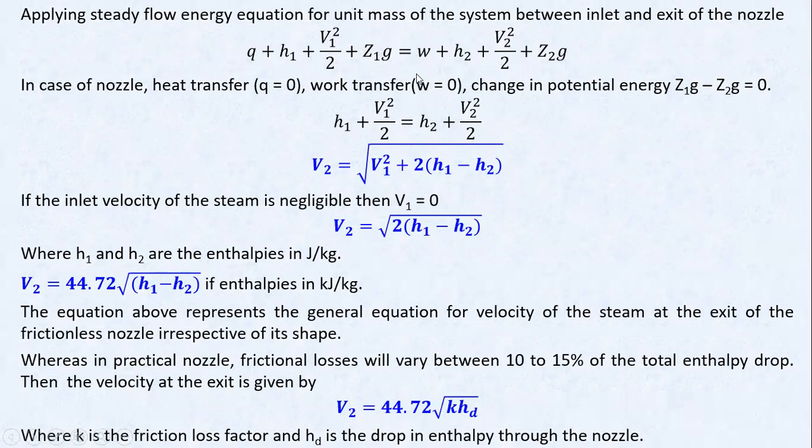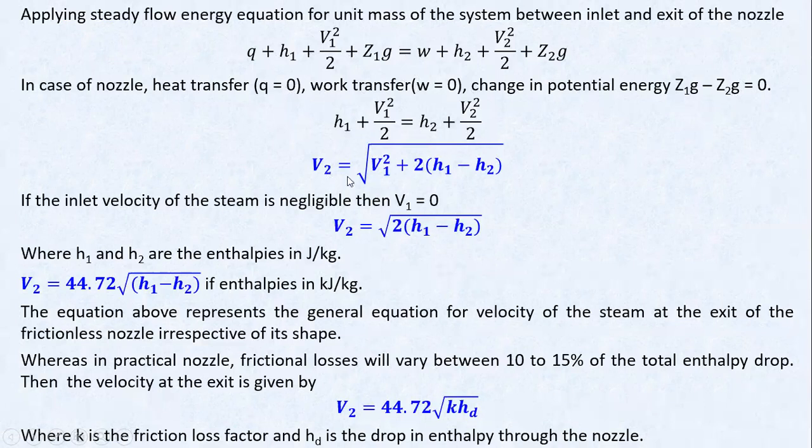Since we are taking unit mass, the whole thing is per kg of steam. Also, through a nozzle, heat transfer Q is 0 and W is 0. If the nozzle is straight, the potential energy difference is also 0. So if we substitute, we get H1 plus V1 square by 2 equal to H2 plus V2 square by 2.